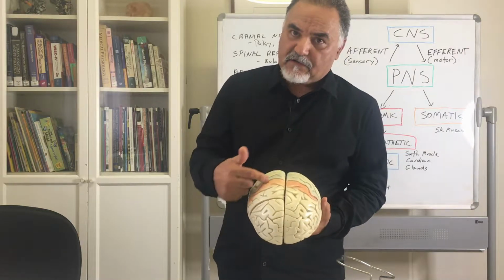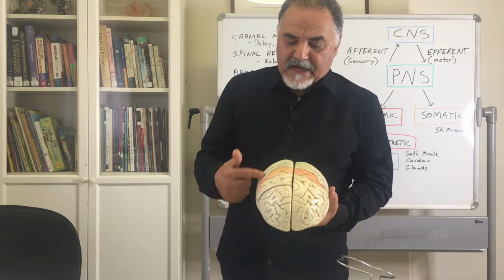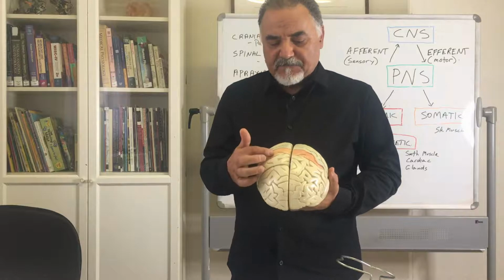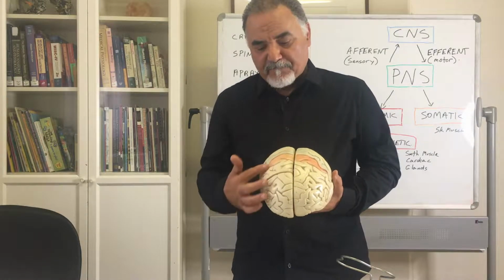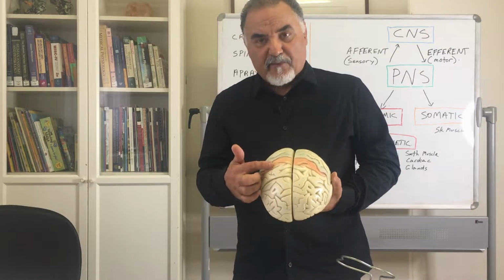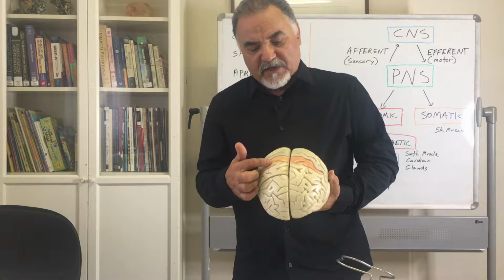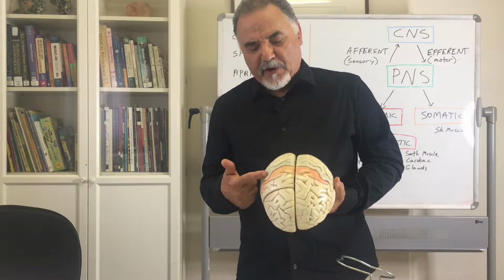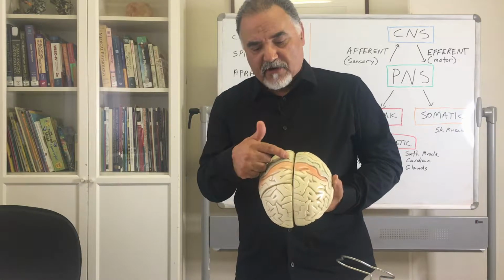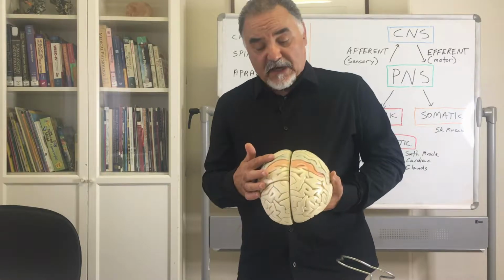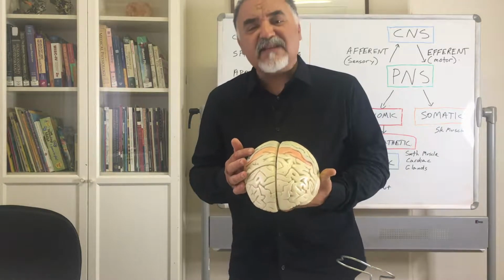In front of the central sulcus we have the pre-central gyrus, which is the motor, and the post-central gyrus, which is the sensory part of that brain.